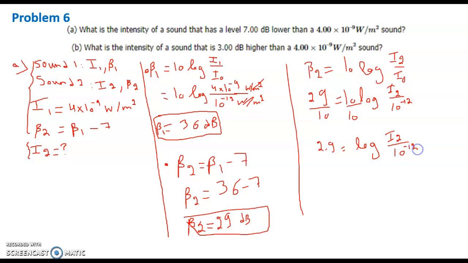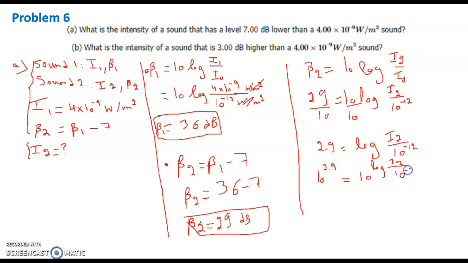Now to make use of the rule of 10 power log x is x, we can take 10 to the power 2.9 is equal to 10 to the power log of I2 over 10 power minus 12.